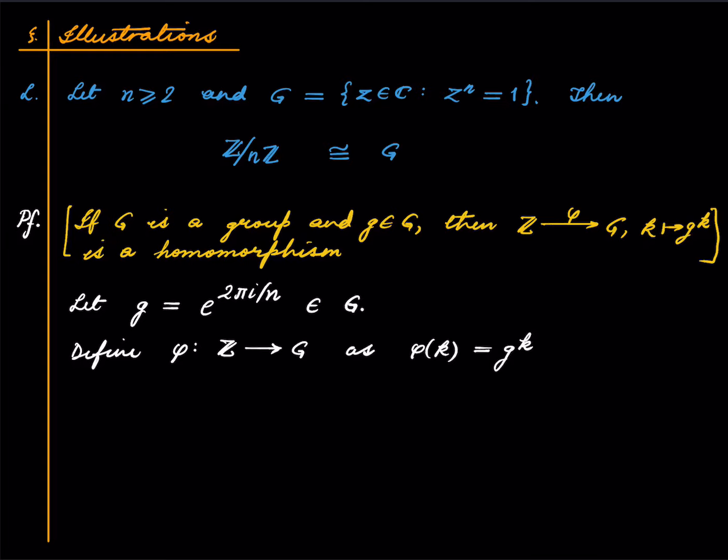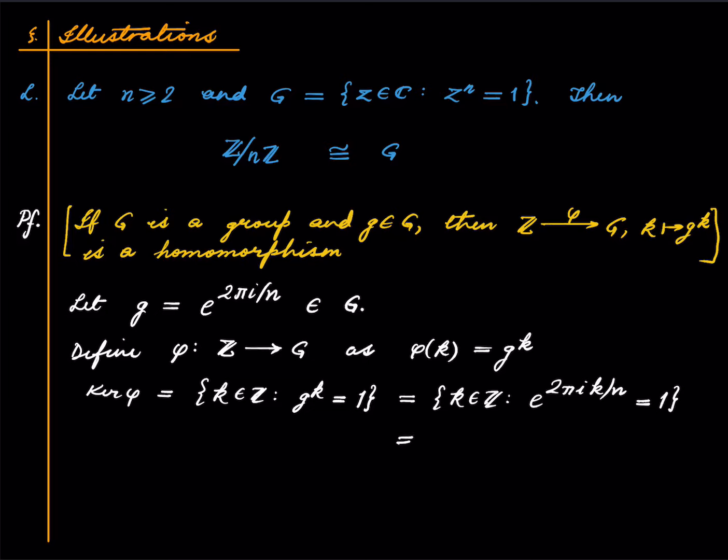So this is a group homomorphism. And now what is the kernel? Kernel phi is those integers k such that g to the power k is the identity of the group capital G, which is the complex number 1. That is the same as k in Z such that e to the power 2 pi i k by n equals 1.